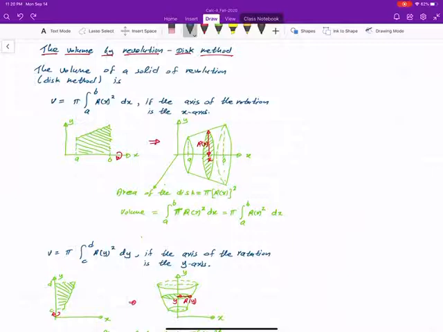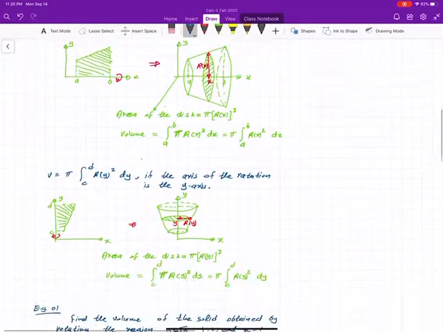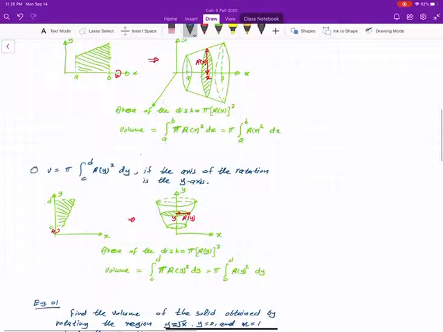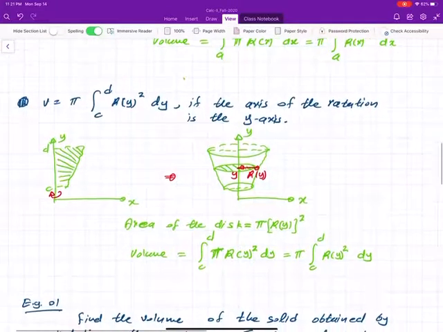There are two formulas you could use. This is the first formula. It addresses when your cross-sectional area is perpendicular to the x-axis, and this is the next case. This case is suitable when your area is perpendicular to the y-axis.